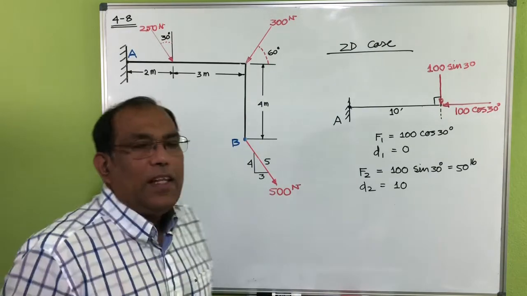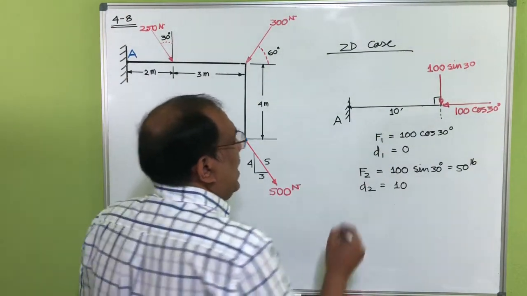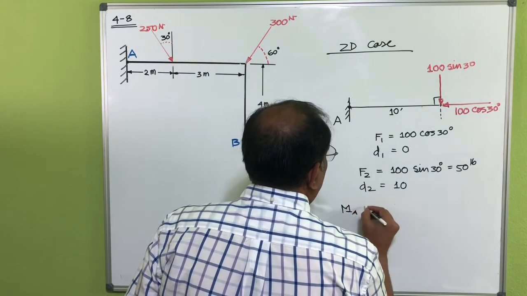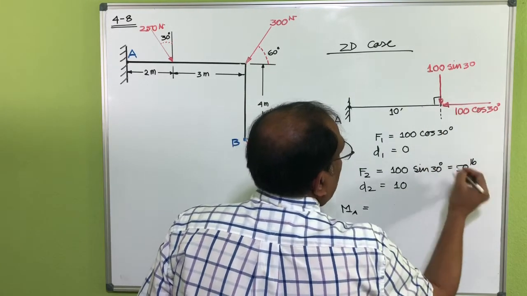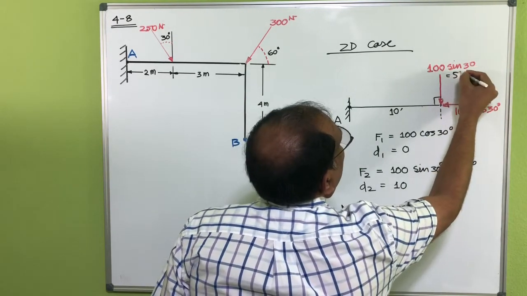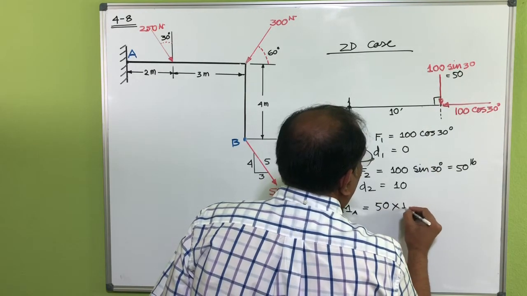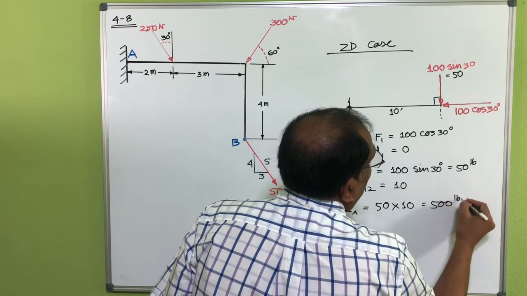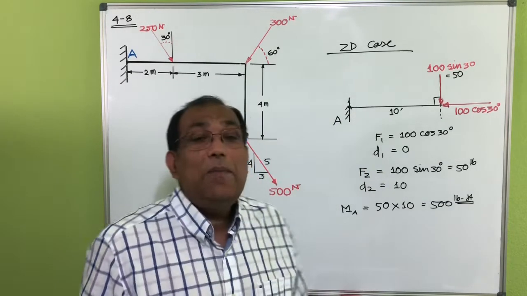If you take the moment of the two forces, this one is 0, and then your moment at A is basically 50 multiplied by 10, which is 500 pound-feet. So you get the same answer here.